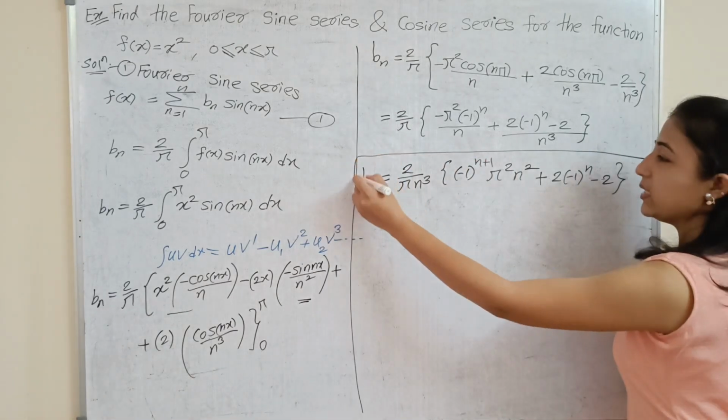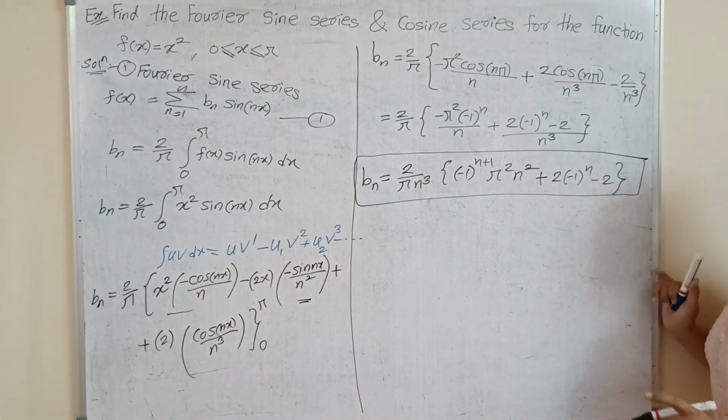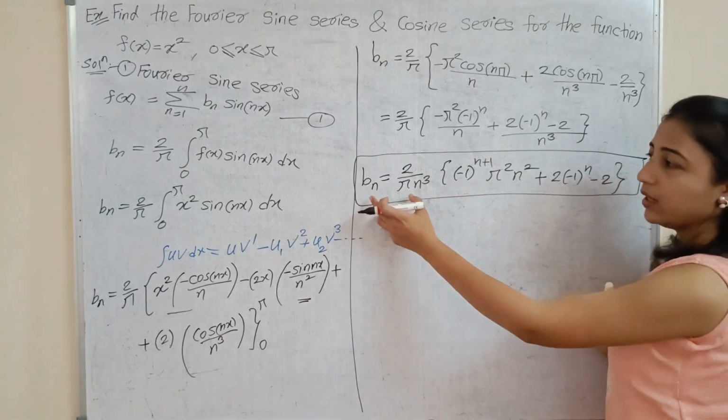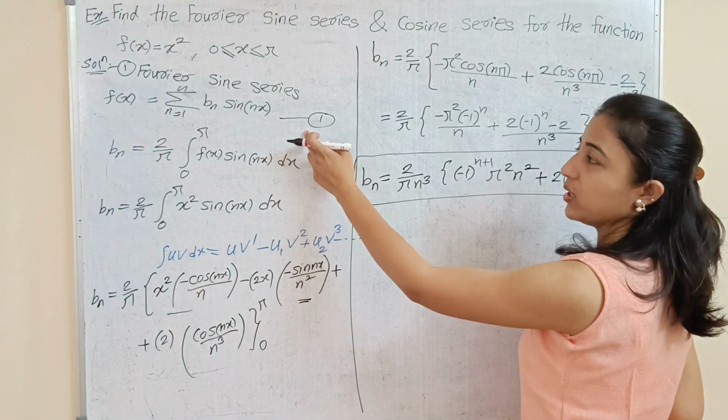So for the sine series we only need to find Bn. So we found Bn. Put this value in the formula, equation number 1.